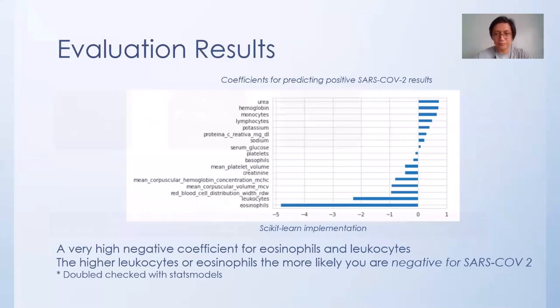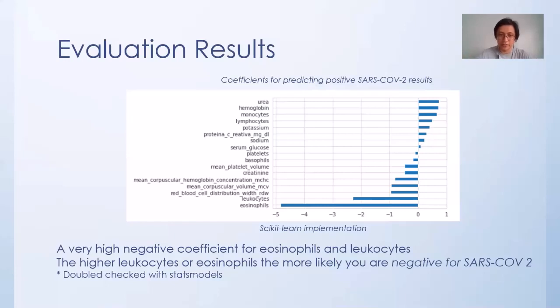These are the top coefficients for predicting positive SARS-CoV-2 results. The higher the coefficient in the positive direction, the more likely you are to be positive if you have a high value of, for example, urea. But in this case, it's not so high. It's not even above 1, so I'm not looking at that.